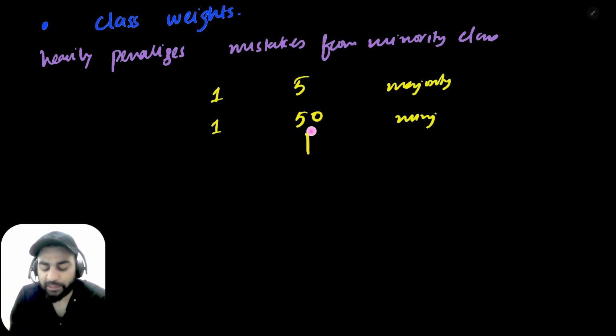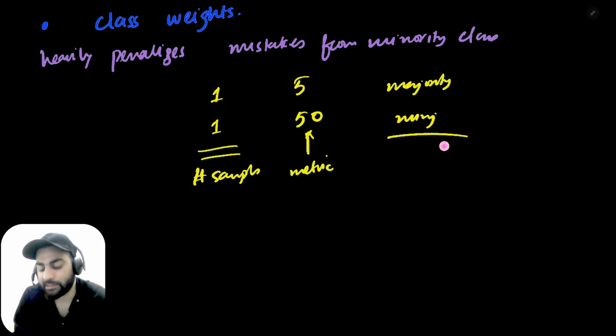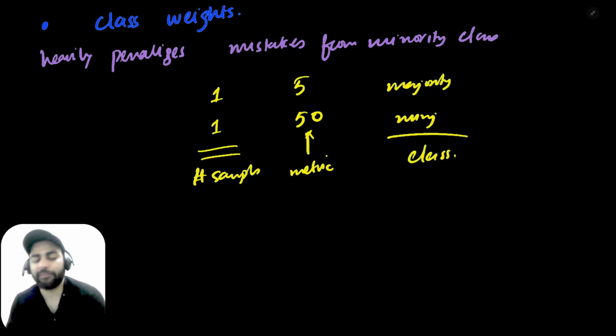This is some metric, and this is the number of samples from the class which it got wrong. If there's a misclassification in the majority class, we penalize with 5. In the minority class, if you made a misclassification, penalize it with 50. That means 10 times the penalty. Okay, this is how I assign class weights.